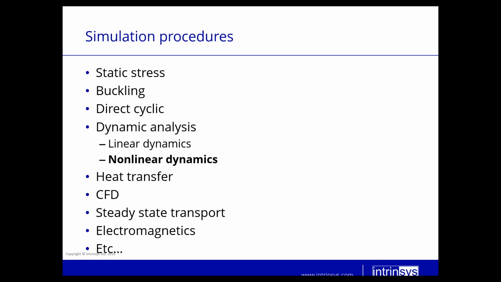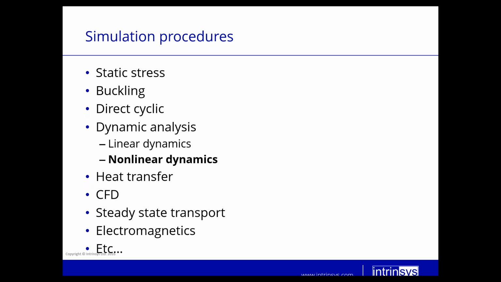So CFD allows you to solve for pressures, temperatures, and velocities within your flow field. Steady state transport is a very useful tool if you want to analyze, for example, rolling tires. It allows you to very efficiently and cost effectively analyze large rotating assemblies.